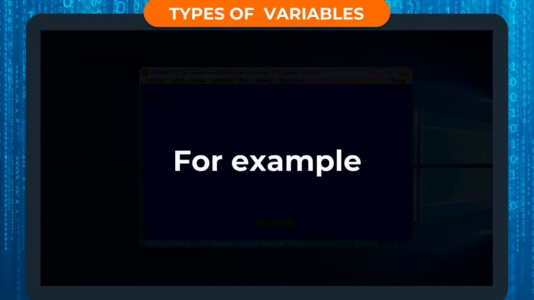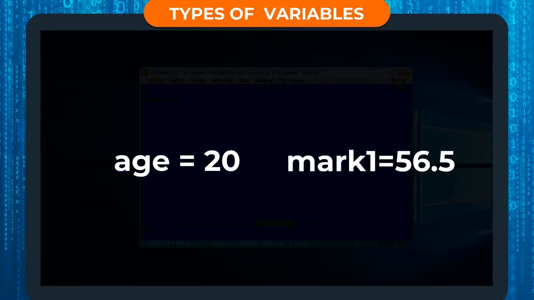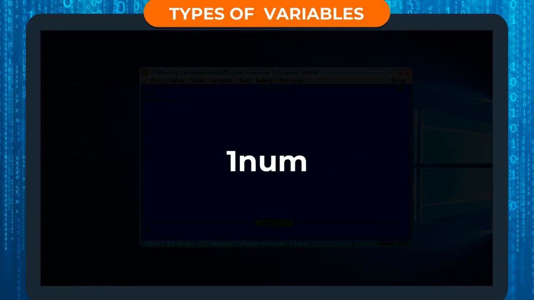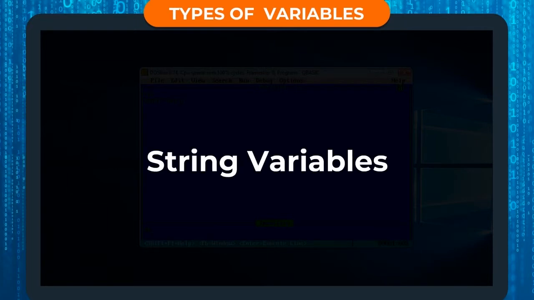For example, age = 20, Mark1 = 56.5. Here, age is a numeric variable which stores the constant value 20. Some invalid variable names are 1num, student-age, pay AMT.